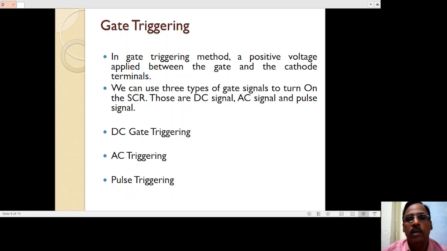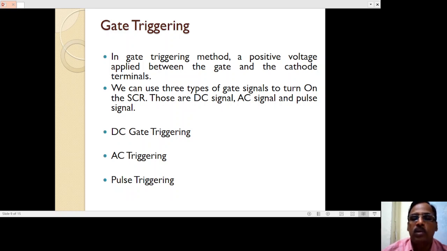This gate triggering method has three types: DC gate triggering, AC gate triggering, and pulse gate triggering. So what is DC gate triggering? In DC gate triggering, when your SCR is in forward bias condition, meaning the anode is connected to the positive side and the cathode to the negative side, connect one DC voltage source between anode and cathode.